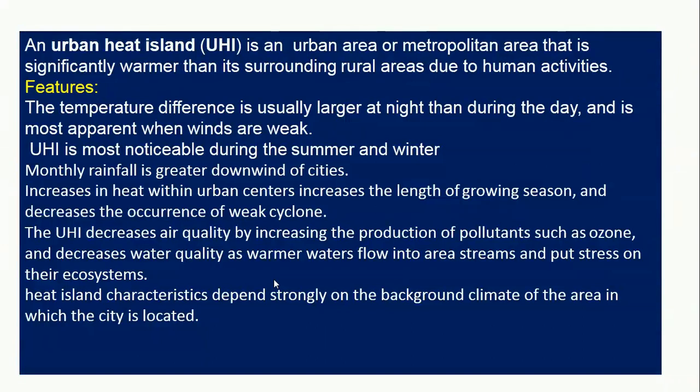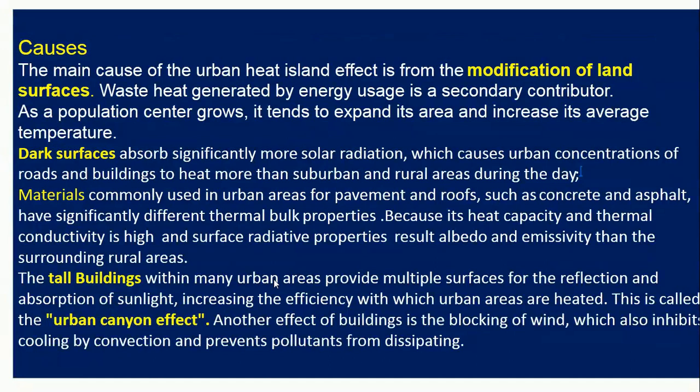So the background climatic condition is already different, and the human activities result in differences in urban heat island formation features. What are the causes of the formation? I have already mentioned that the modification of the land surface, or land use changes, actually results in the urban heat island.